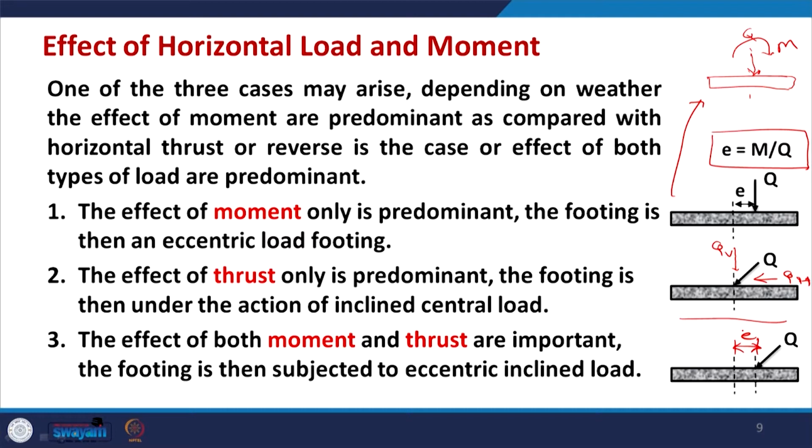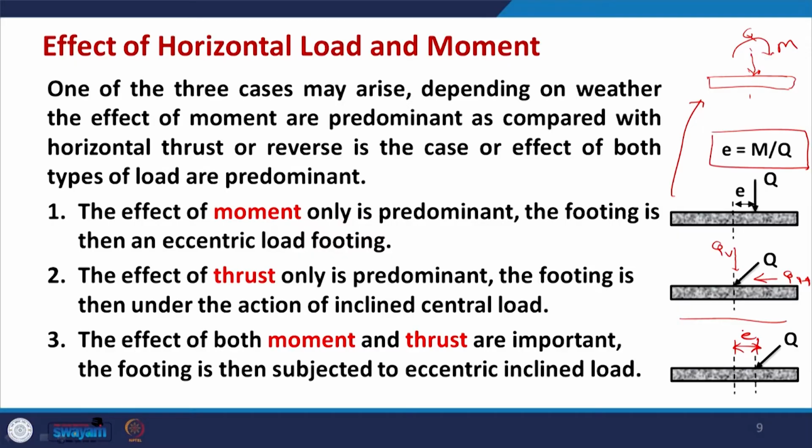Let us talk about the first one in much detail. The second and third will be dealt with once we get some experience from the first one. For the first case, where a vertical load is acting with some eccentricity, we already discussed that this basically represents your moment.